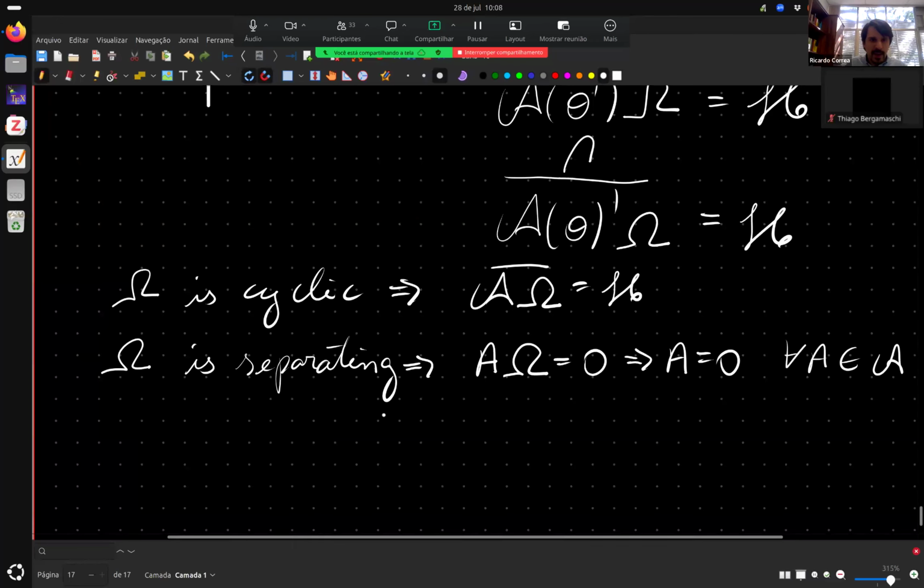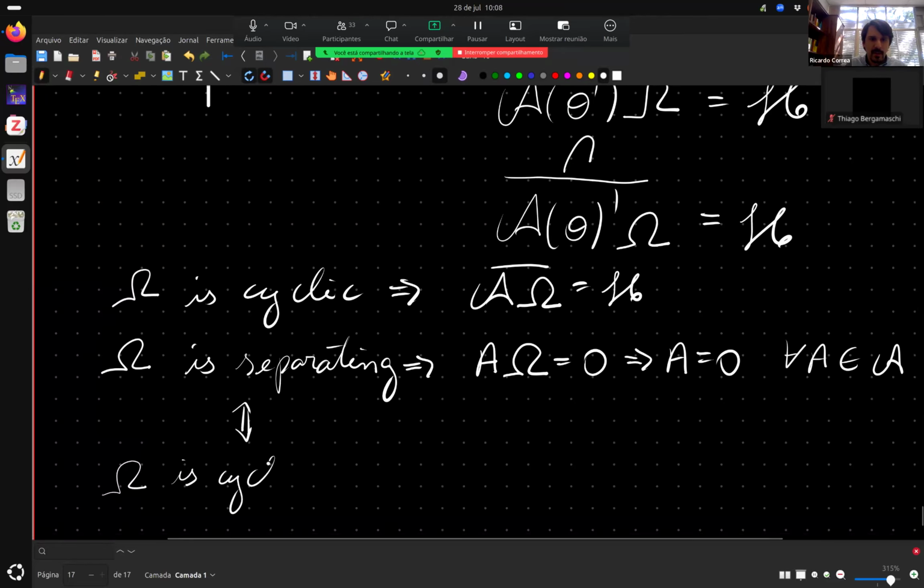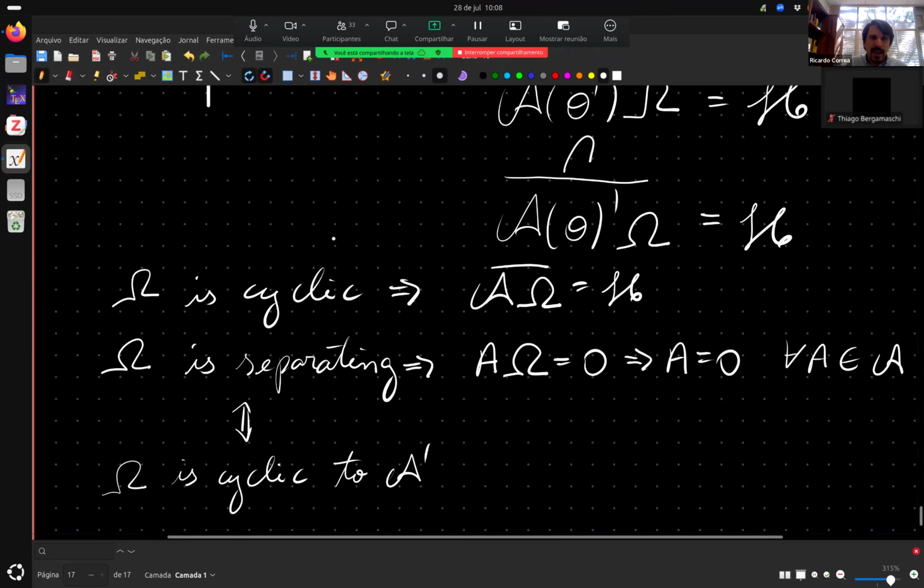And one point is that a vector is separating if and only if it's cyclic, or cyclic, I never know how to pronounce, for the commutant. Being cyclic is of course cyclic for A.